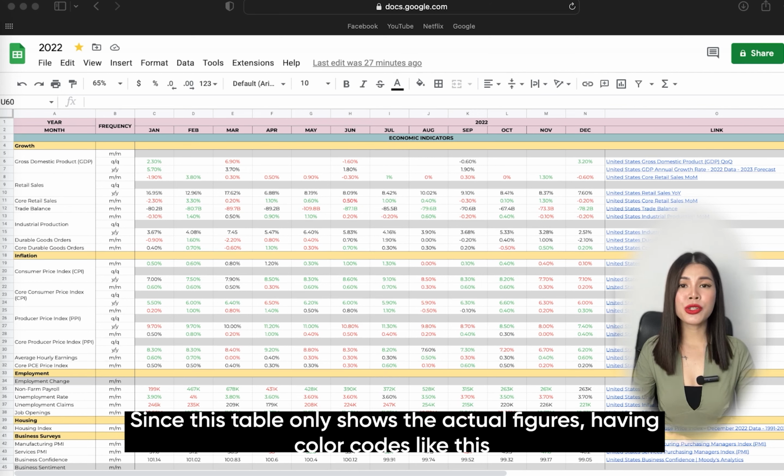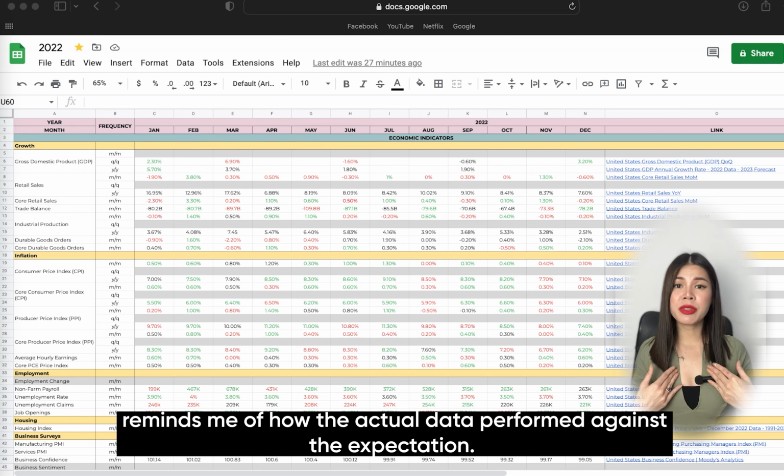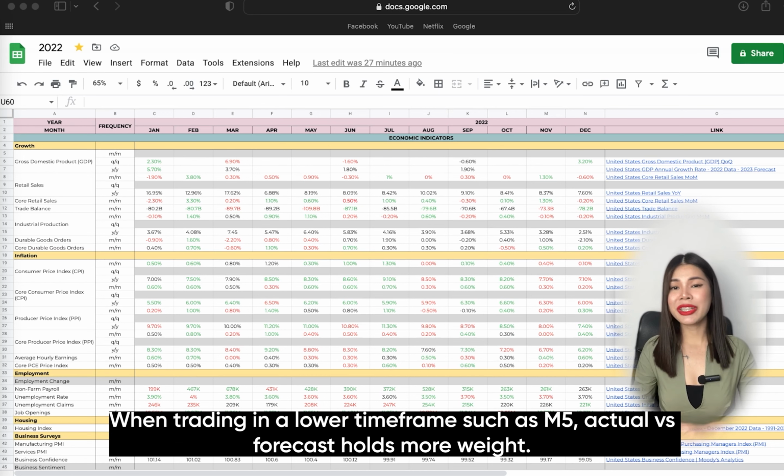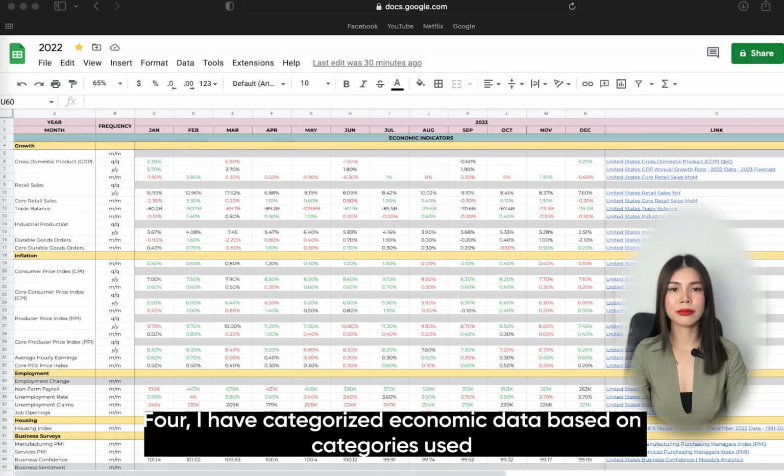Since this table only shows actual figures, having color codes like this reminds me of how the actual data performed against the expectation. This is important because the rise and fall of a currency do not only rely on actual versus previous. When trading on a lower time frame such as M5, actual versus forecast holds more weight.